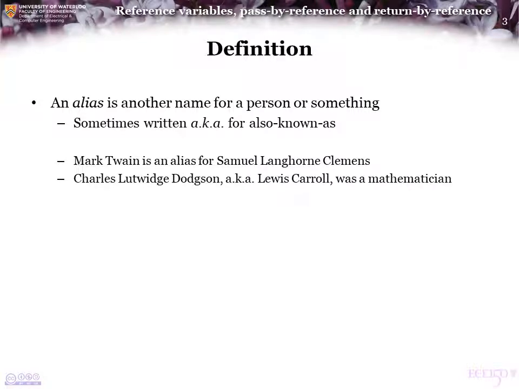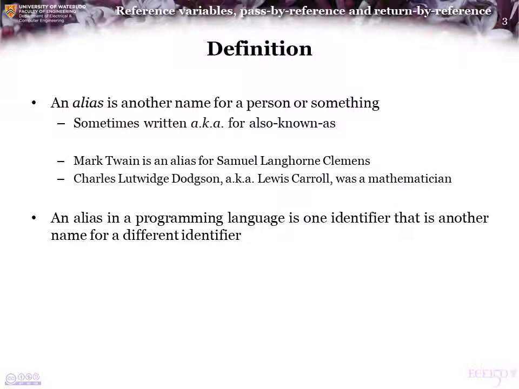Charles Dodgson is also known as Lewis Carroll, and this individual was also a mathematician. So if you do read Alice in Wonderland, you'll notice there are many mathematical riddles in that story. Now, an alias in a programming language is where one identifier is another name for a different identifier.